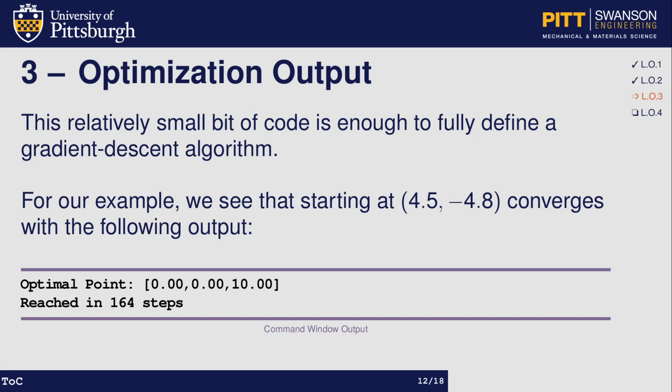I will point out now that the number of steps required to reach the solution will vary according to the value of alpha. In this case, we used an arbitrary value of 0.1. If you use a slightly larger value, you might converge faster, and if you use a lower value, you will converge slower. But the value of alpha will depend on the sensitivity of the function, so it's not a one-size-fits-all number.